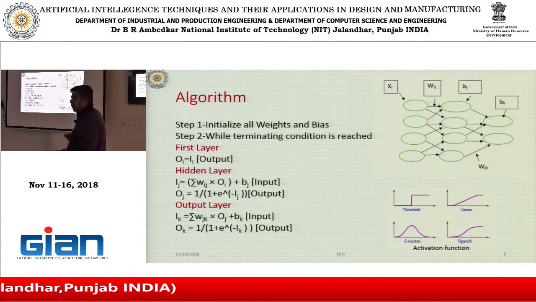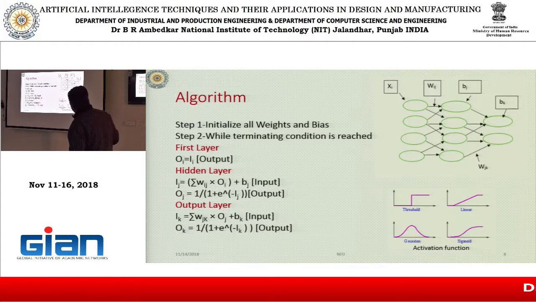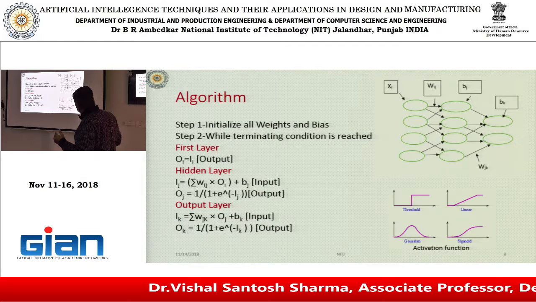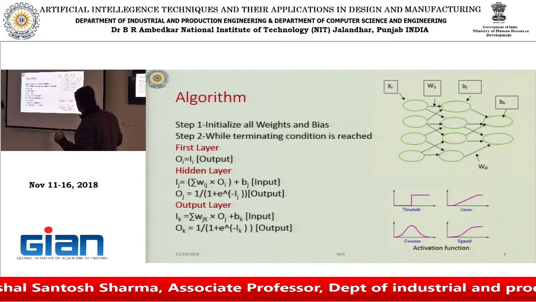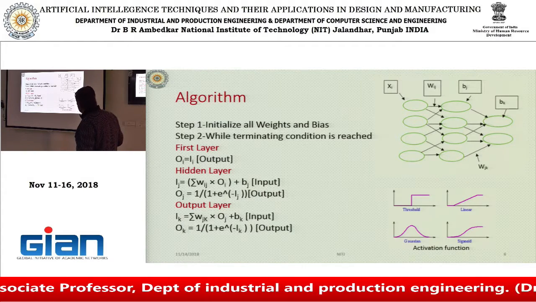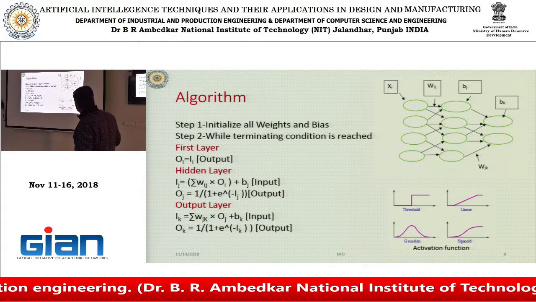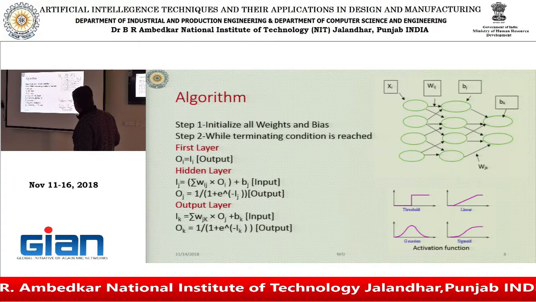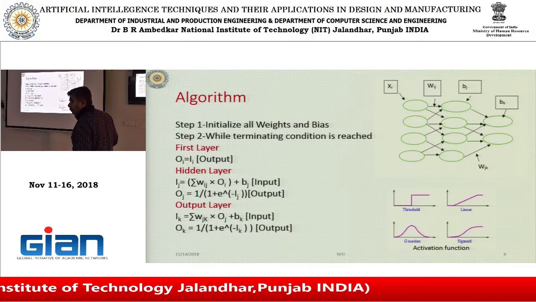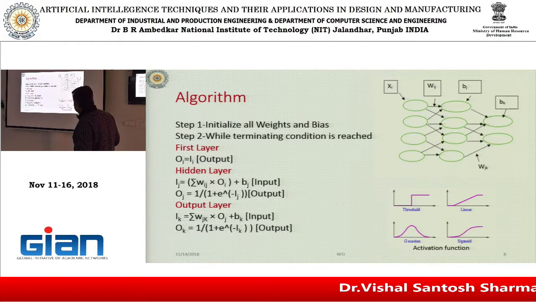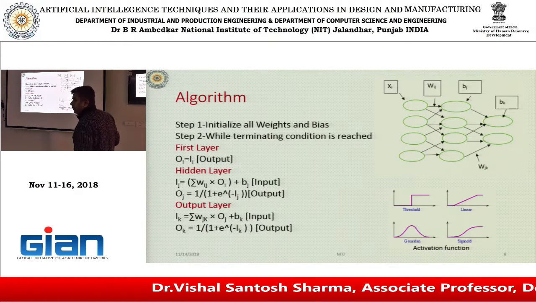Exactly the same thing is happening at the output layer. So the output layer will have input. What is the input here? The input here is dependent upon the output which I get here, the output of j, multiplied by the weight which I have here, plus the bias which I have.